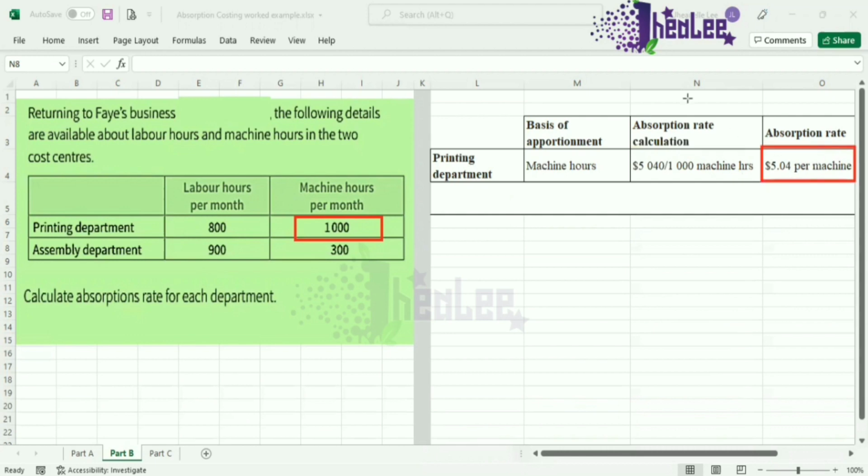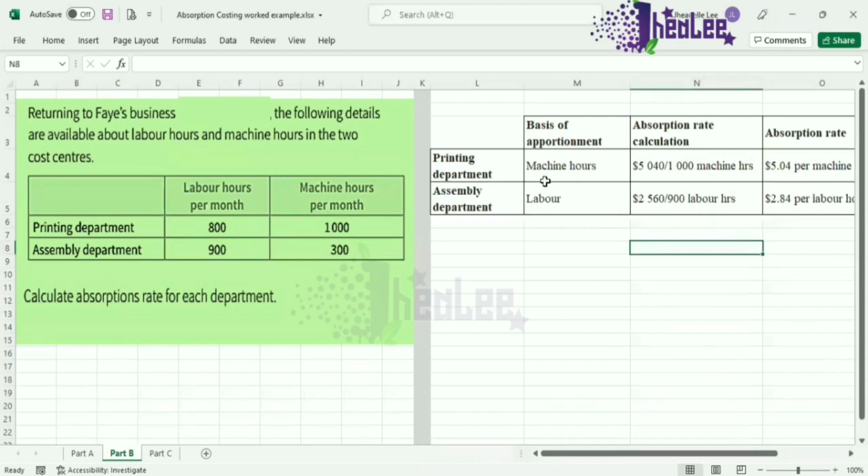Okay, we're now going to look at our calculation for the assembly department. For the assembly department, people, the basis of apportionment is labor hours, and the indirect costs coming from the previous part of this question is 2,560.